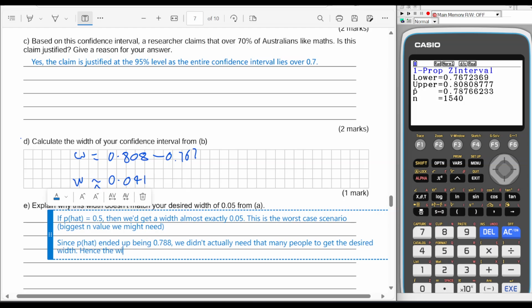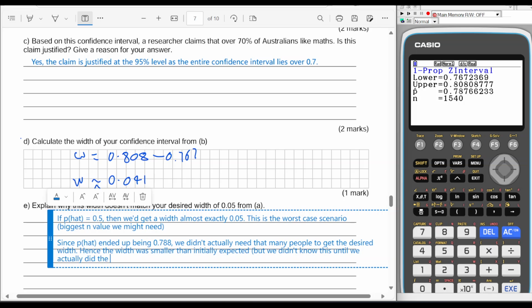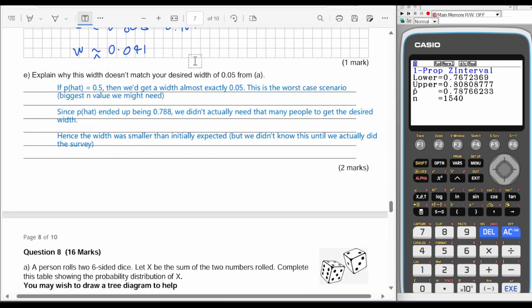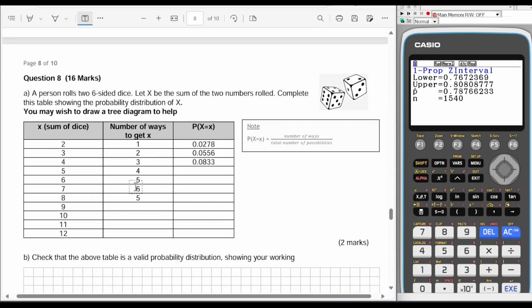Hence, the width was smaller than initially expected, but we didn't know this until we actually did the survey. Something like that. With these questions, I recommend you leave them till the end and you come back and add more elaboration as you get more time.